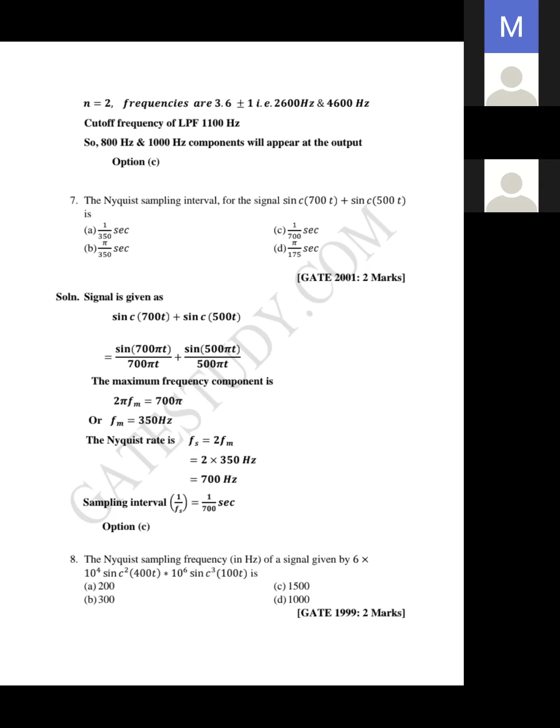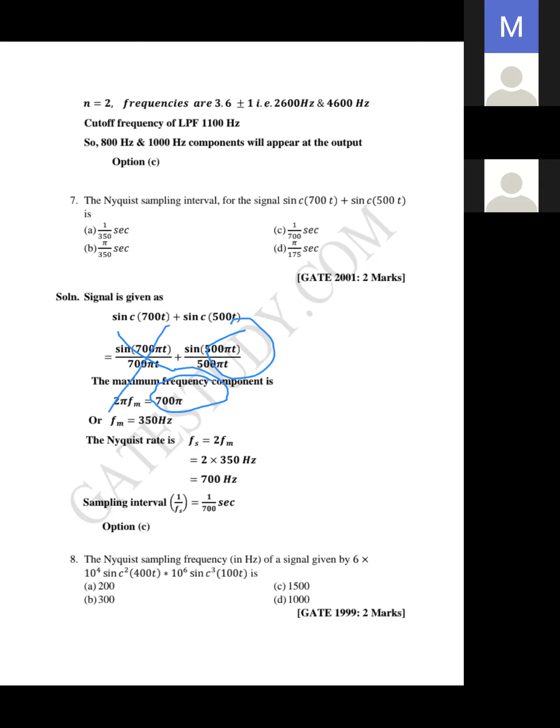Instead of 2 pi Fm equal to 700 pi, if we take 500, what will happen? We can miss information, because 700 is larger than 500. We can't allow a larger value in a smaller frequency, but we can allow a smaller value in the larger frequency.